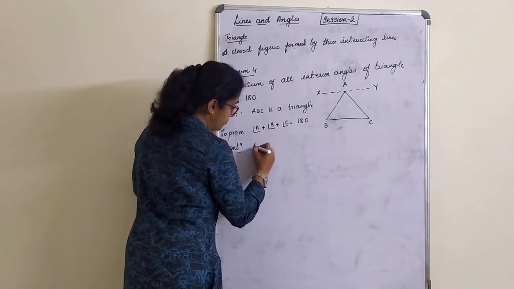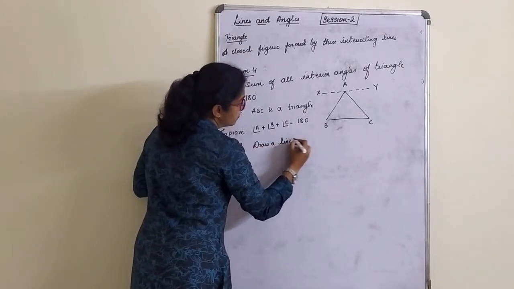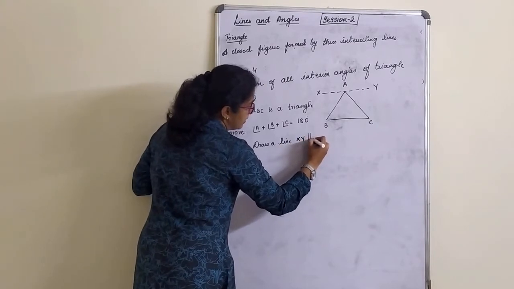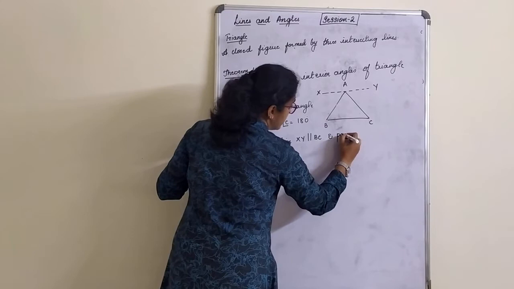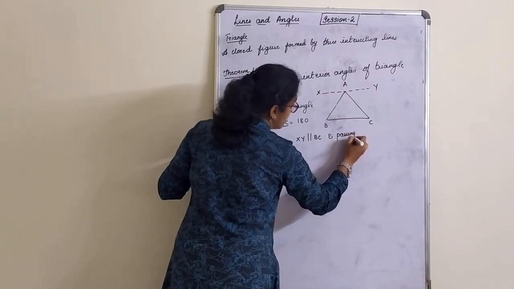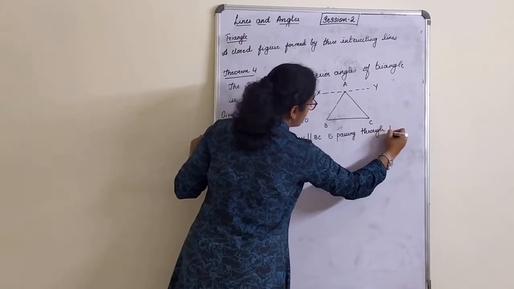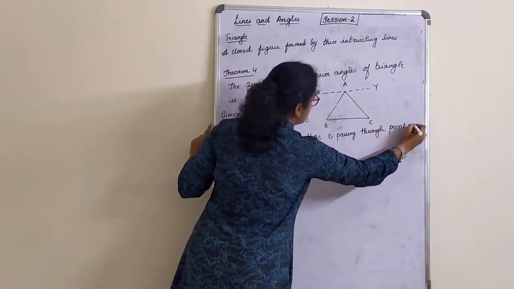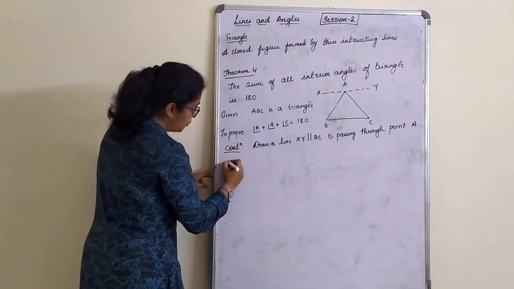We'll write here: draw a line XY parallel to BC and passing through point A. Okay, let's keep this as it is. Proof.